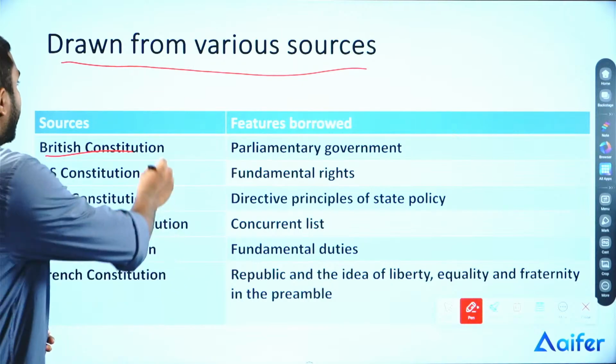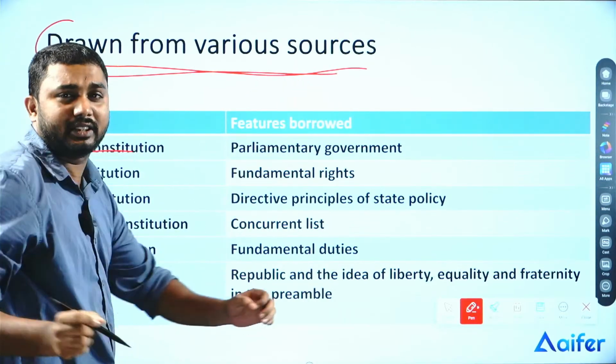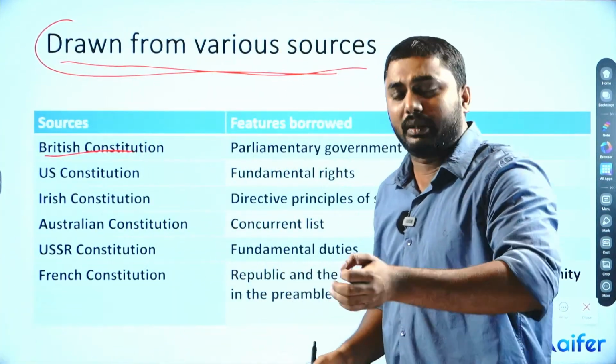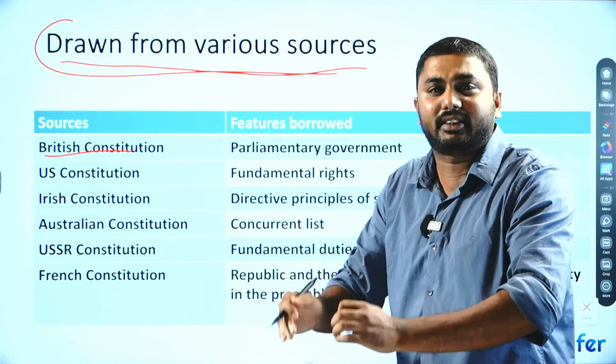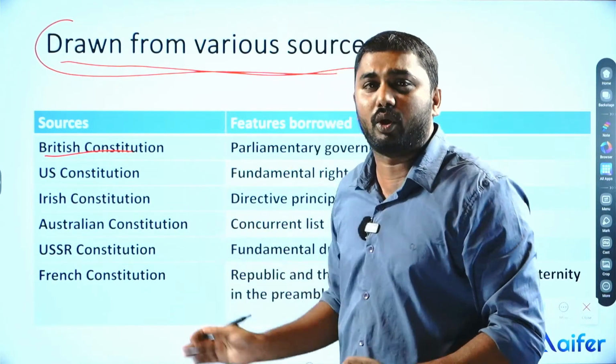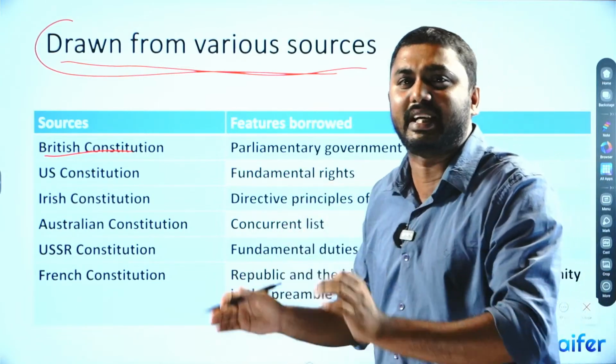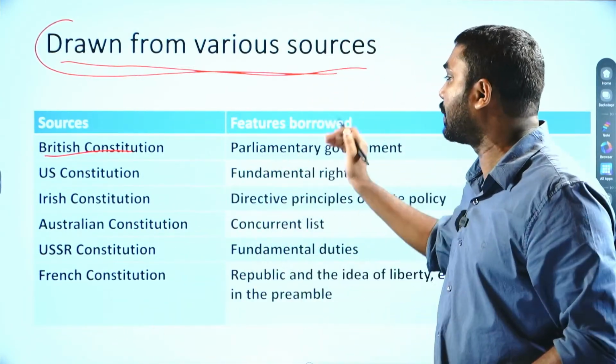This feature, drawn from various sources, is very important because many times NTA has asked questions from this topic. So we can expect questions from it again and again.